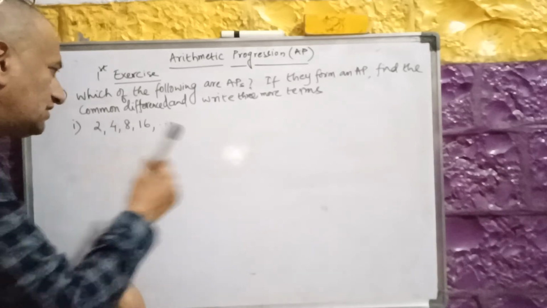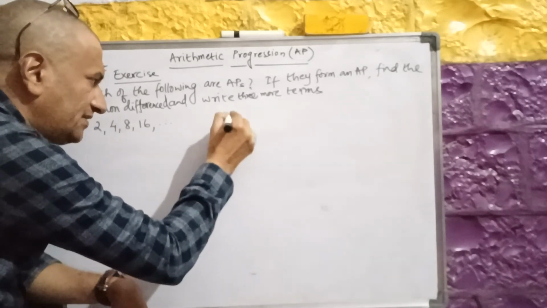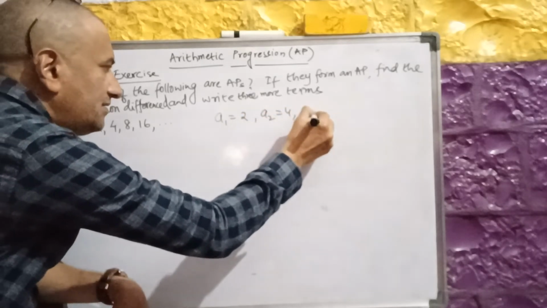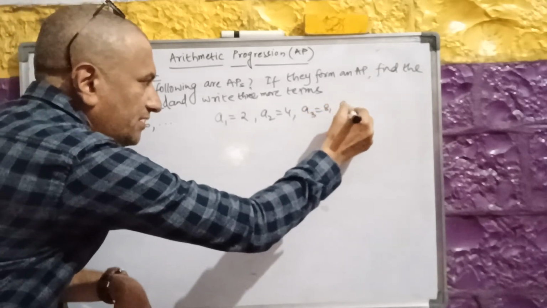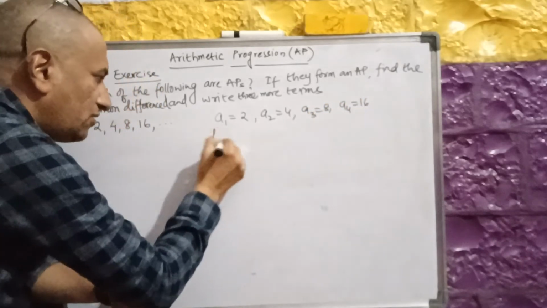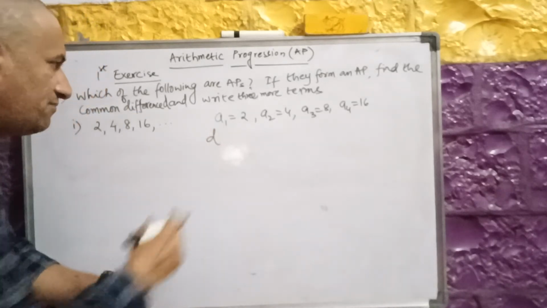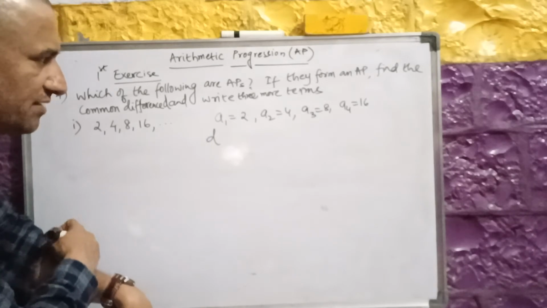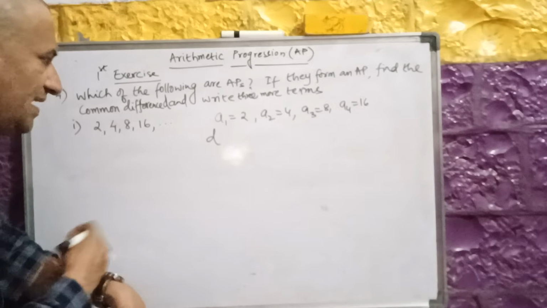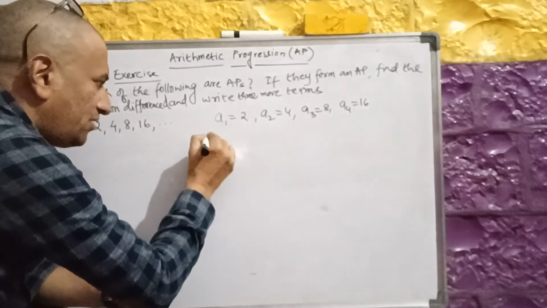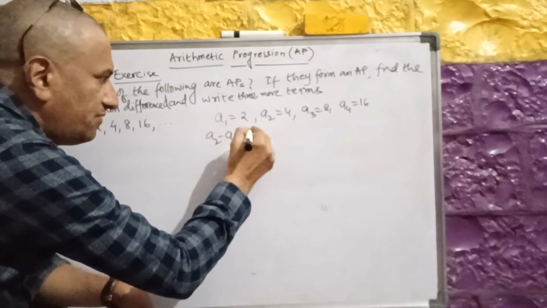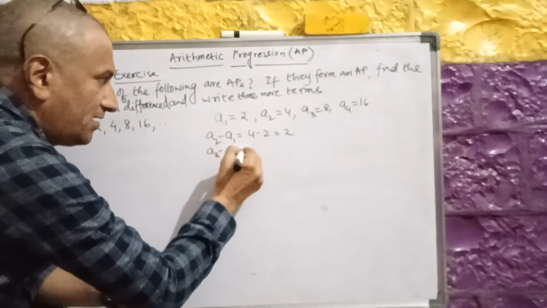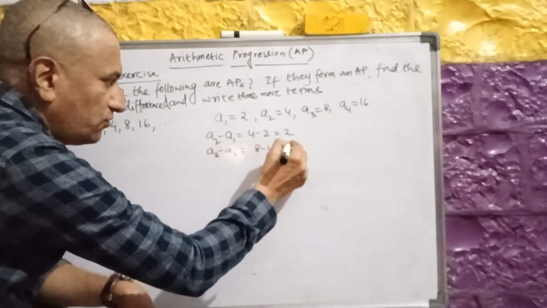So now here the first term is 2. We can say A1 is 2, A2 is 4, A3 is 8, and A4 is 16. Now the common difference D will be the same, that is A2 minus A1. If it is an AP, the common difference, that is A2 minus A1, should be equal to A3 minus A2, which is equal to A4 minus A3. So A2 minus A1 is 4 minus 2, which is equal to 2, and A3 minus A2 is 8 minus 4, which is equal to 4.